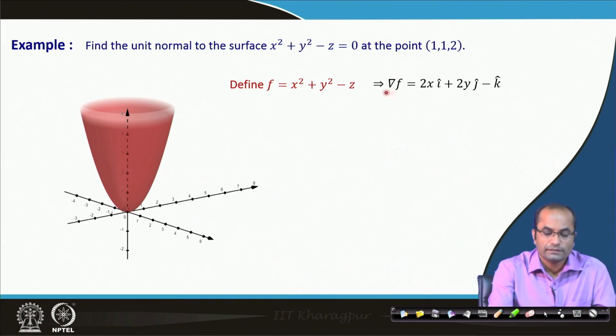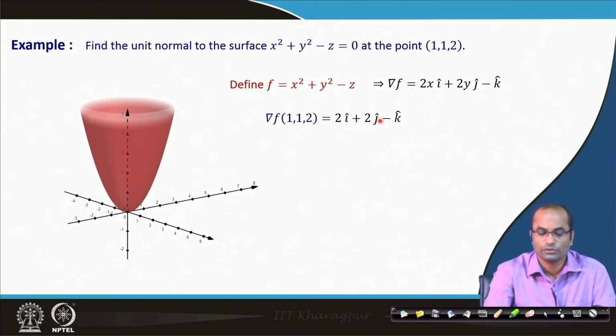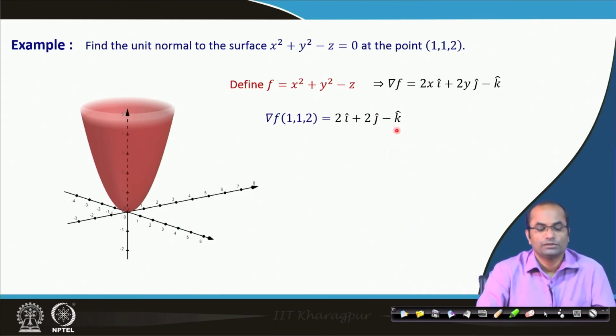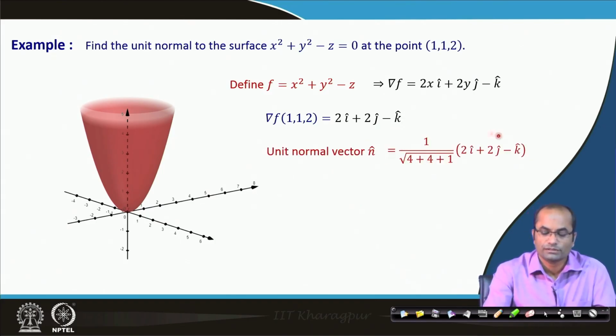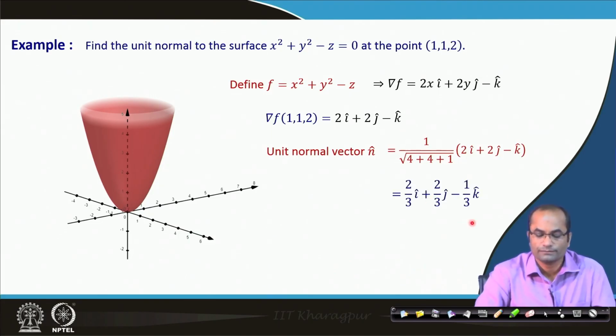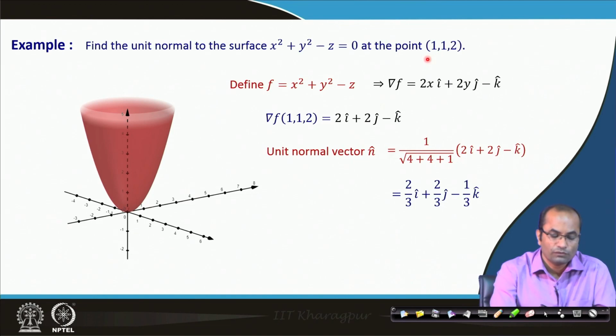If we get the gradient of this f, that means 2x, this component, 2y and then minus 1. At 1 1 2, this vector will be 2i 2j minus k. So, we can find the unit normal vector n by dividing by its length. So, this is the unit normal vector at the point 1 1 2.